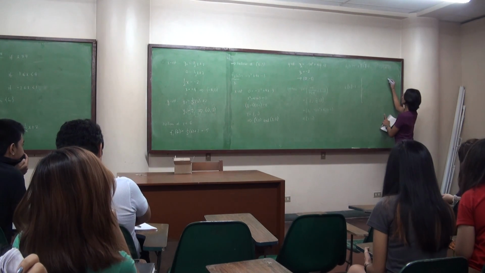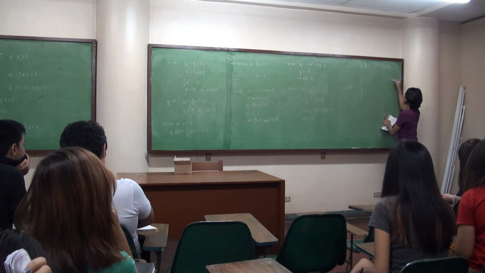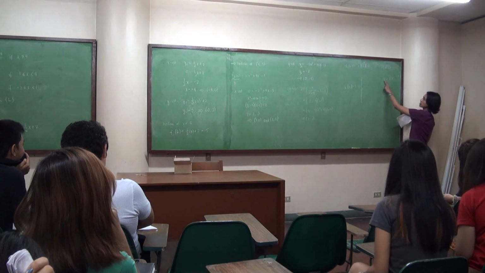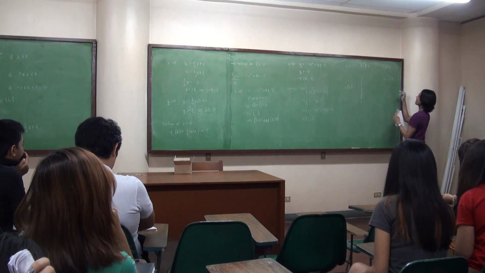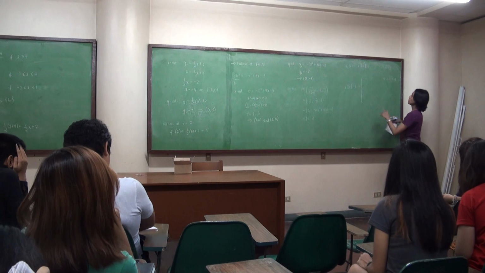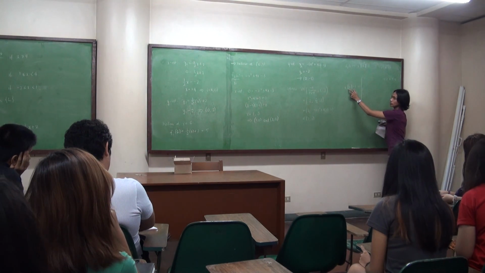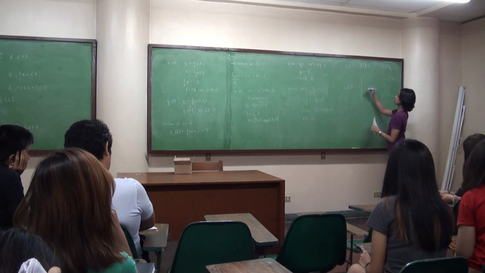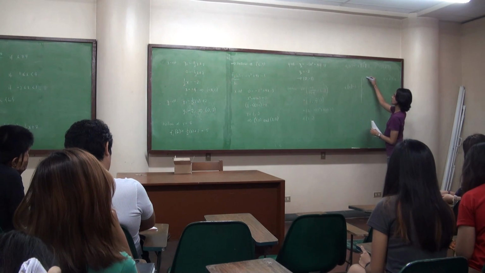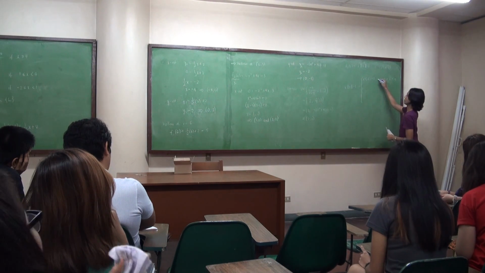Negative 2 is less than or equal to x, but yung x ay less than naman. So, kung negative 2 to, ano nandito sa negative 1? Hindi 1 ha, negative 1. So, kung negative 2 to, anong value ng GIF? It would be negative 2. So this one would be x times negative 2 minus 1.